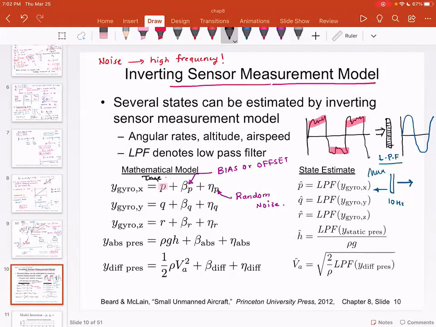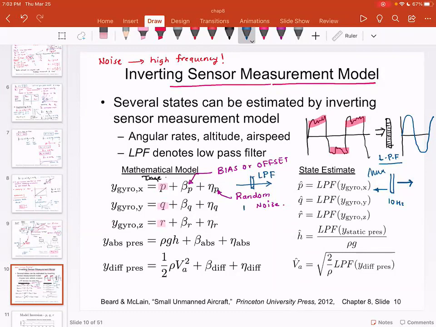Same thing happens with the gyro which is measuring along the y direction. Same thing happens with the gyro that is measuring along the z direction. So when you have this input, you filter it through a low pass filter, LPF.